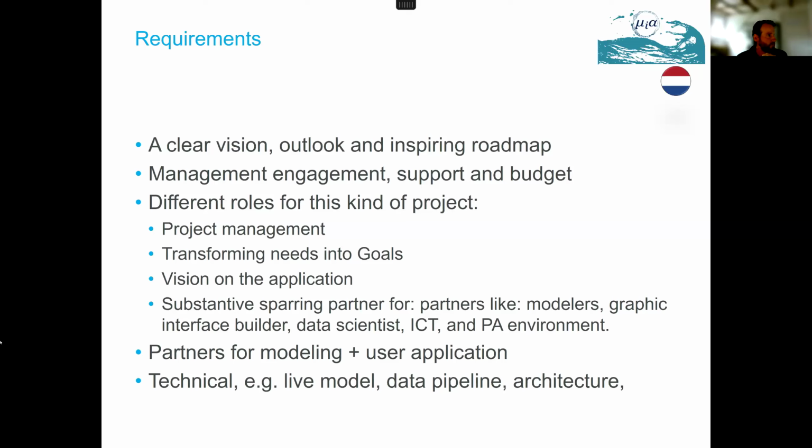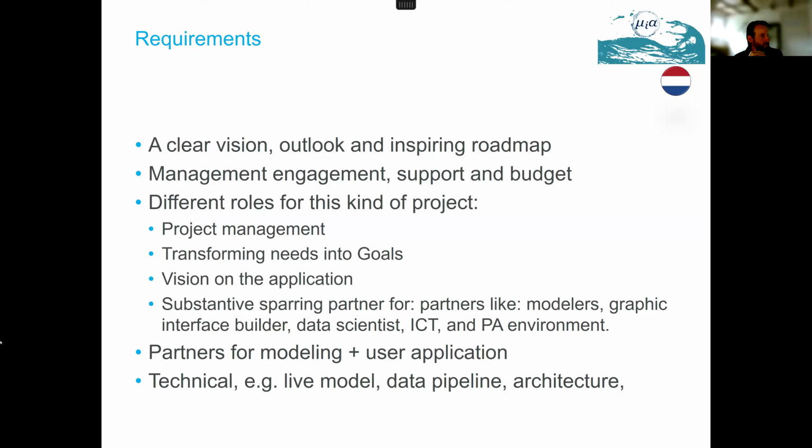We need different roles for this project. Of course, project management, transforming needs into goals and vision on the application, so not just doing what is asked.